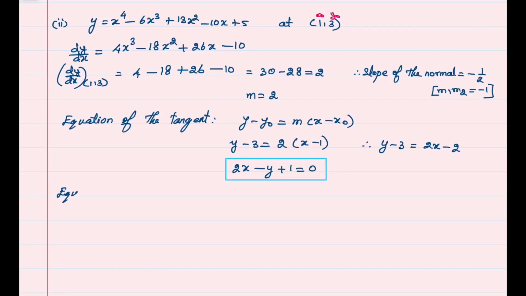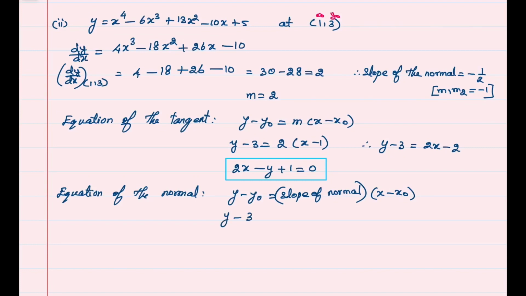Now let us find the equation of the normal. The formula is y minus y0 equal to minus 1 upon m times x minus x0, but you should not get confused which slope to take, 2 or minus half. So it is better to write in words, slope of normal times x minus x0.